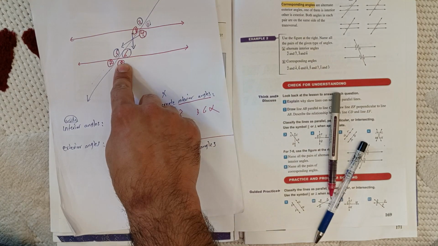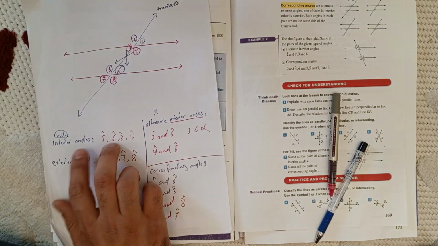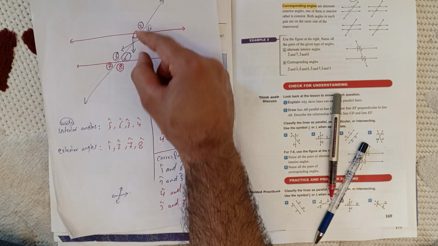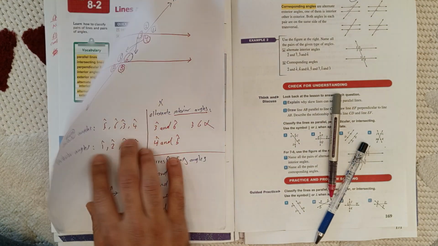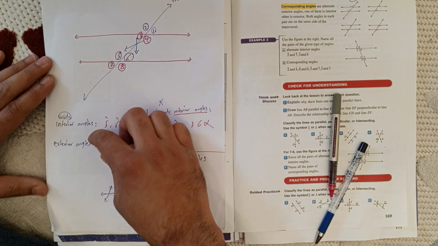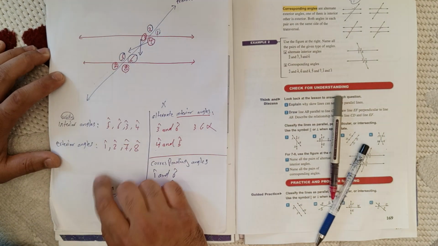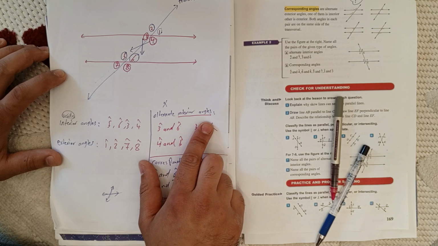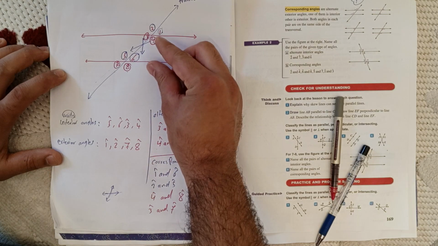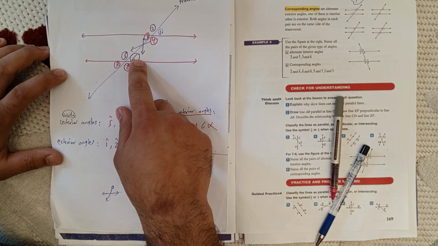Let's do a quick review. A transversal is a line that cuts two or more lines. Interior angles are the angles between the parallel lines, 3, 4, 5, 6. Exterior angles are the angles outside the parallel lines, 1, 2, 7, 8. For alternate interior angles, look at the interior angles; alternate means cross multiplying, 3 and 6.